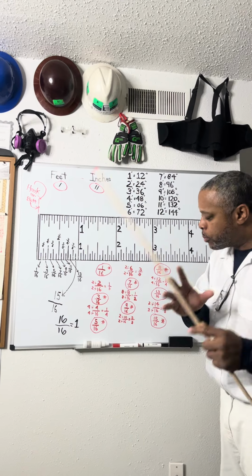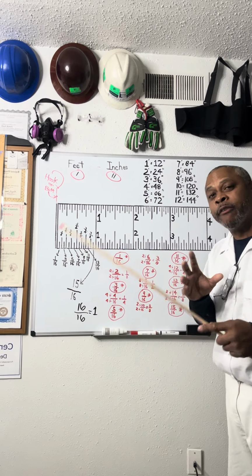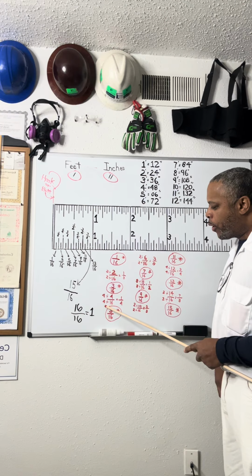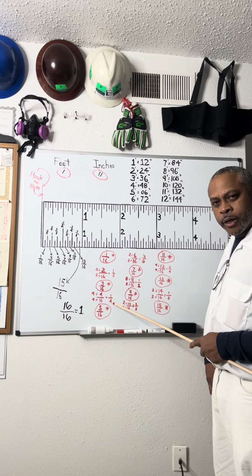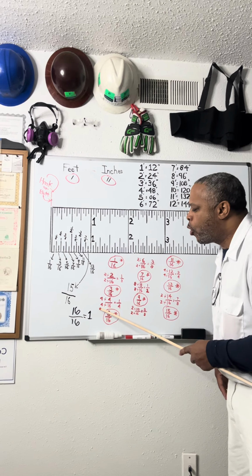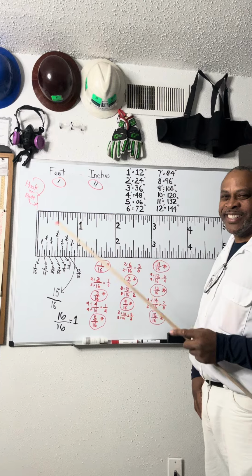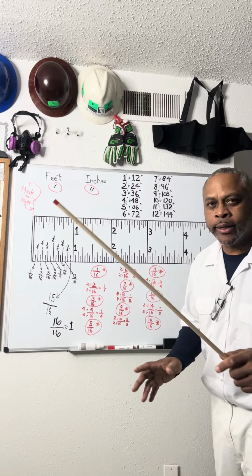But when we're doing multiplication, what multiplication does for us in this type of process of fractions of an inch, 16 divided by 4 is 4. How is that? Because 4 times 4 is 16.